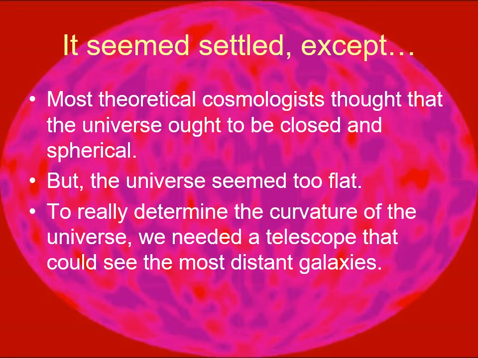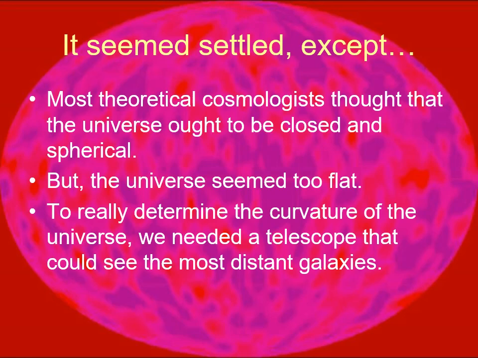So to really measure the nature of the universe, they realized that what we needed was a telescope that could look super far away and did not have to worry about the Earth's atmosphere interfering with observations. So it had to be a space telescope, a large space telescope that could see super far away to measure how the Hubble constant changes with time.